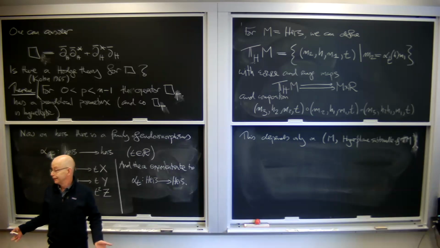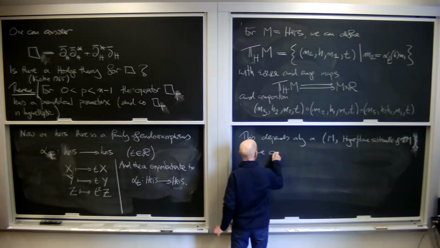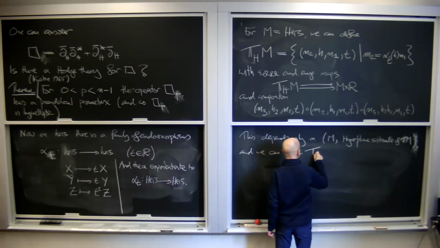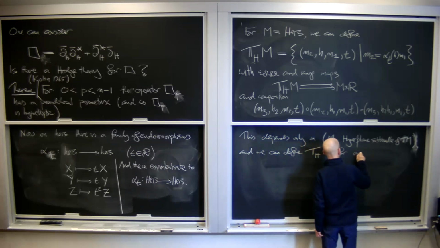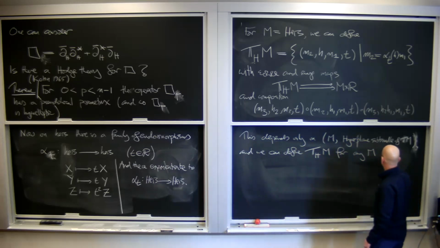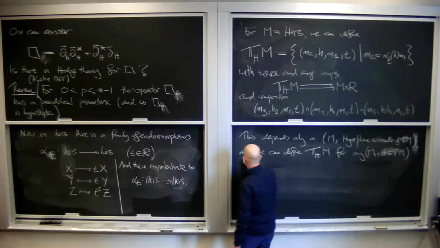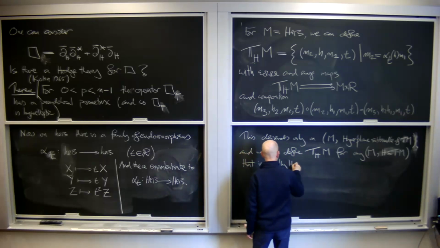So we're in exactly the same situation as before, and we can define this object for any M which is locally a Heisenberg group. So any M together with a hyperplane bundle that is, in the sense we've been discussing, locally Heisenberg.